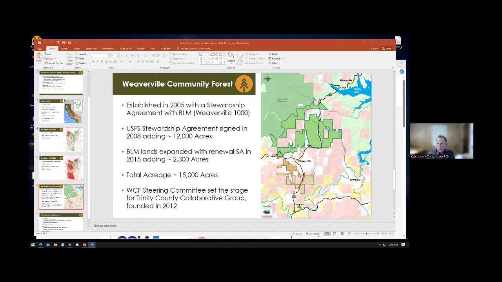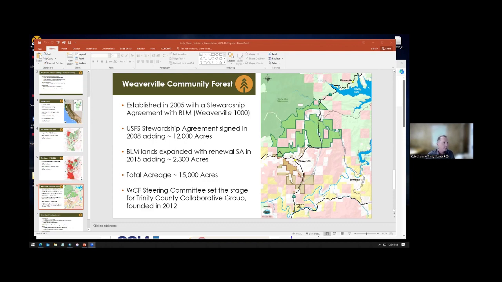It was the first 1,000 acres that were moved into the Weaverville Community Forest. But they needed some sort of public agency that could take the responsibility of that stewardship. So we, the Trinity County RCD, were approached and brought into that negotiation, and we've been in place ever since. So that was the first chunk.